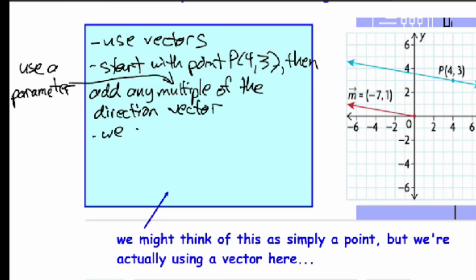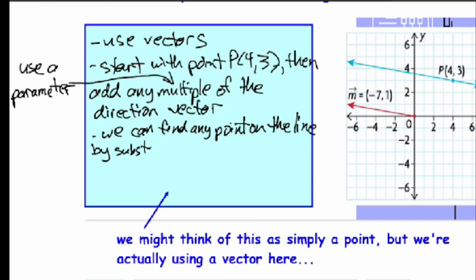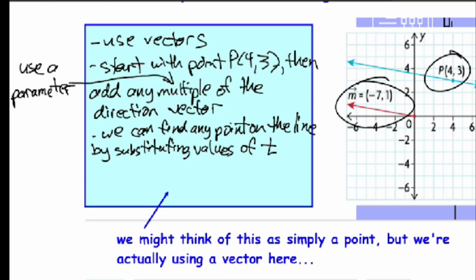And we can find any point on the line by substituting values of t. Remember, t is my parameter. So in my example here, my direction vector is given, my point is given. So let's plug those into the vector form of our equation. Vector r is going to be defined as (4, 3).